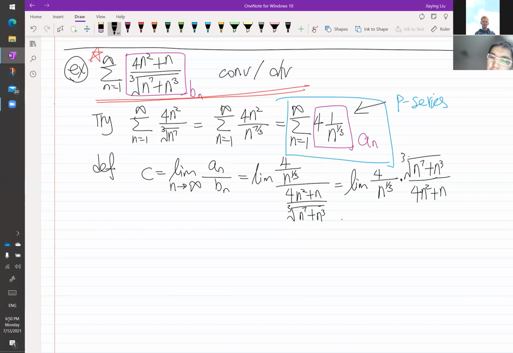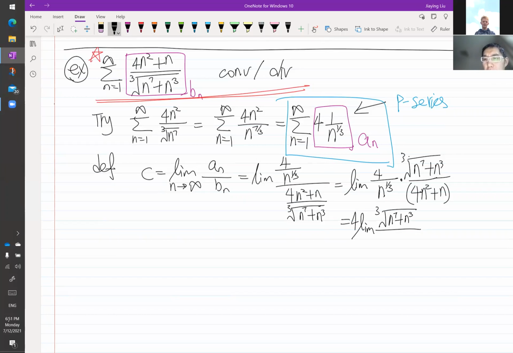And then that is going to be the limit. The 4, I'm going to bring it outside. It doesn't matter where the 4 is. So bring the 4 outside. So we get cube root of n to the 7th plus n cubed, and then in the denominator, we have n to the 1/3 times 4n squared plus n. So we have to distribute to each of the terms there.